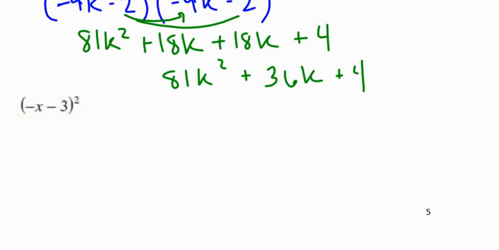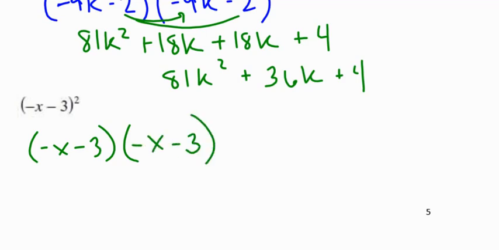Okay, last one for this video set. So I have a negative x minus 3 times itself. If it's helpful for you, you can put the coefficient in front here of a negative 1.